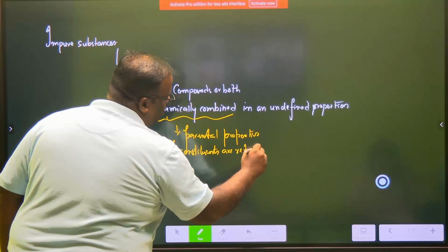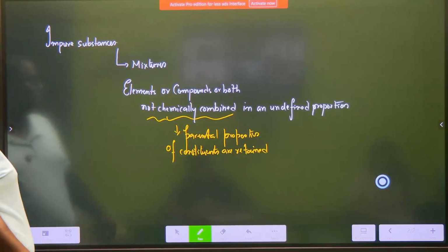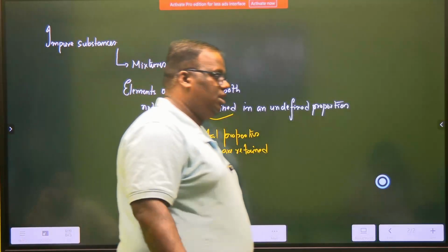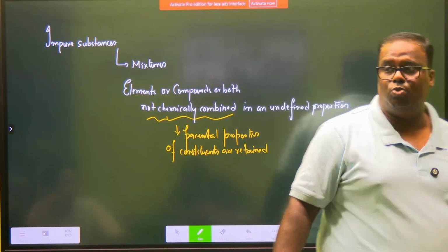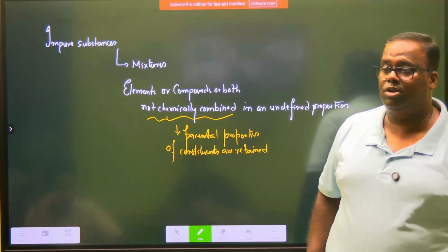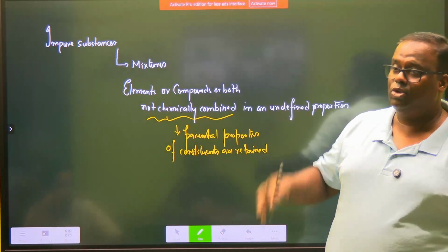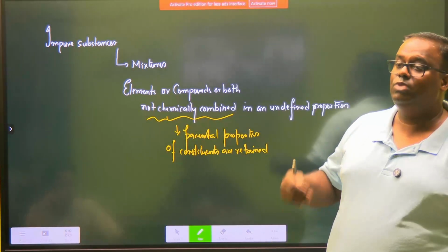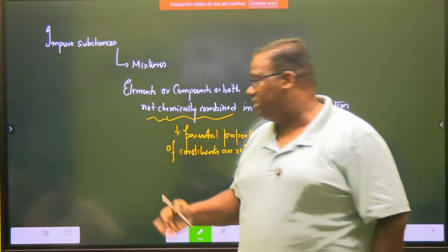These properties won't be lost. So what am I trying to say? The same example: hydrogen and oxygen chemically combined together produce water. Hydrogen is highly explosive and oxygen supports combustion. But when you make water, it doesn't support combustion. It is something which is used as a fire extinguisher.